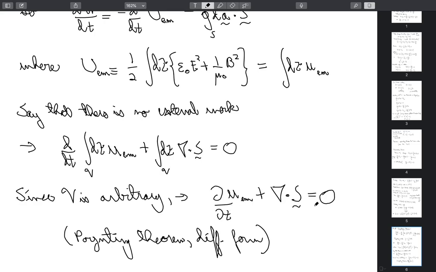Okay, and look at the form of the equation. Of course, it is just precisely the same mathematical form as the continuity equation, except that now we're not talking about charge conservation, we're talking about energy conservation. So the change in the energy density has to be carried by some current. So the Poynting vector really represents the energy current in your theory.